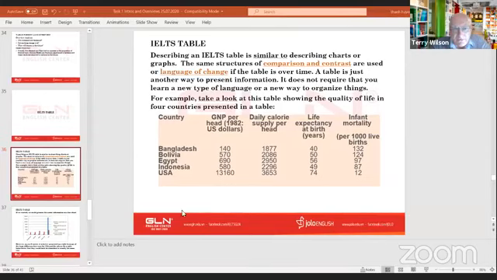Well, we have 5 countries, Bangladesh, Bolivia, Egypt, Indonesia, and the USA. And what stands out? Well, in terms of GNP, that's gross national product per head, the USA is a lot higher than the other countries.